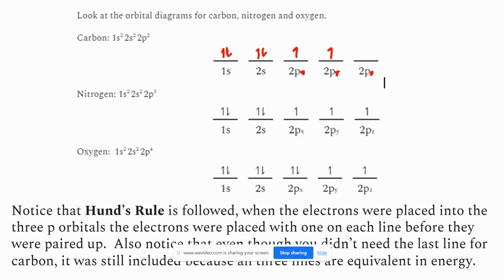You can't double up these arrows until you have all 3 of these filled. So you have to have somebody in the bottom bunks before you can double up. Here is nitrogen then. Hydrogen, helium, lithium, beryllium, boron, carbon, nitrogen. Down here's oxygen, and this is where we can finally double up.